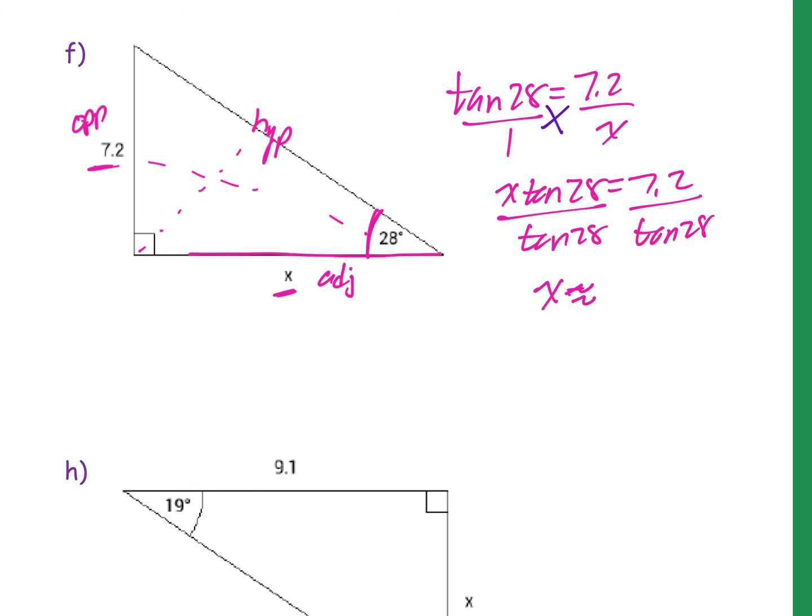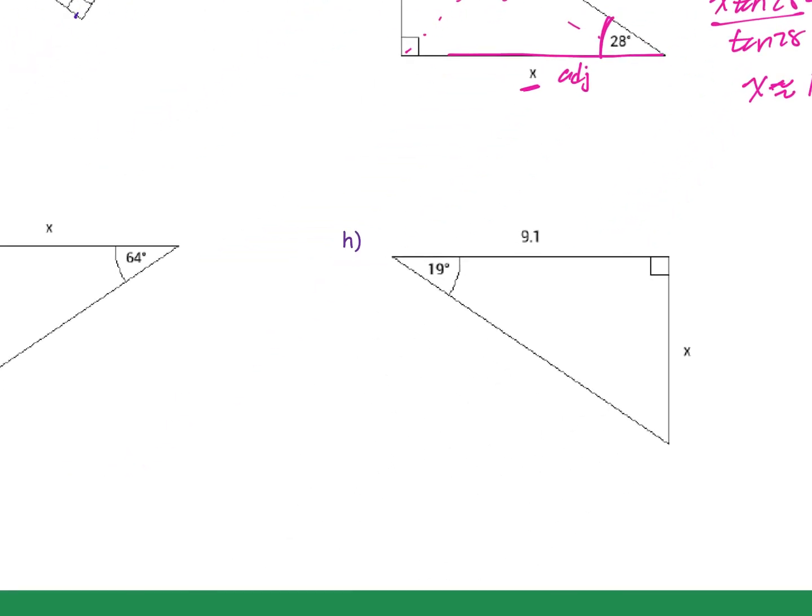It's 7.8. Oh, that's why I got the wrong answer. 7.2. Okay, 13.5. I put in 7.8 on my paper. That's so weird. Okay, 7.2. So 13.5. There we go.